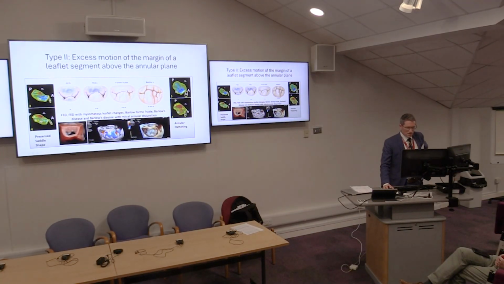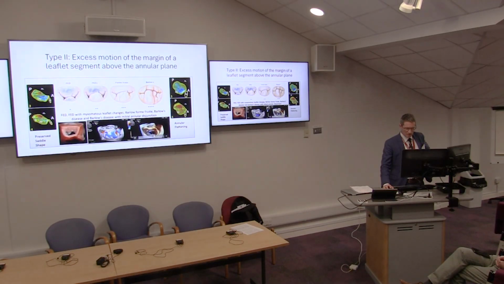On to type 2. So as we've talked about, this is excess motion of the margin, so this is prolapse. And this can be starting really with just fibroelastic deficiency affecting perhaps just one segment, right the way through to a more extreme version where you've got multi-segment prolapse and a Barlow's valve. And this is just one example.